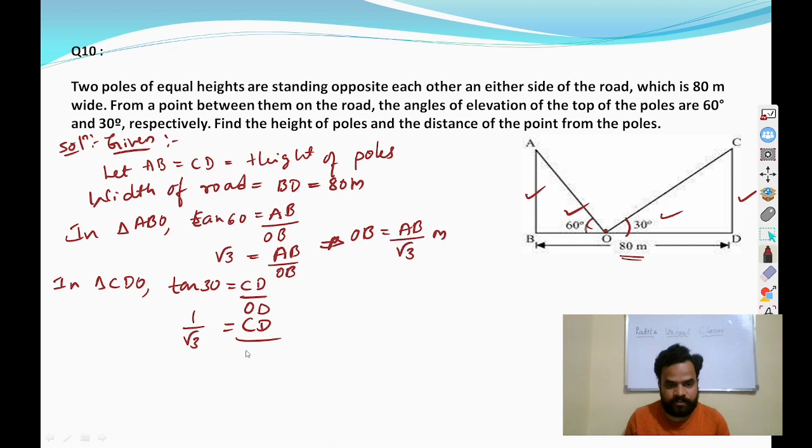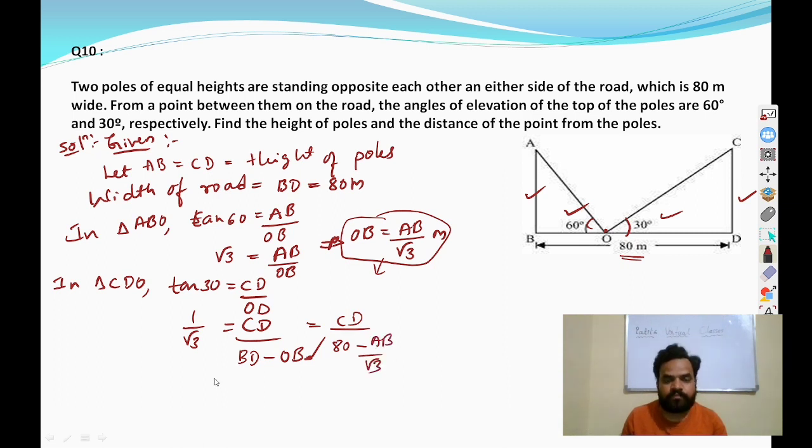OD can be written as BD minus OB, which is 80 minus OB. OB we found here, AB by root 3. Instead of OB I will write this here. So minus of AB by root 3, right?